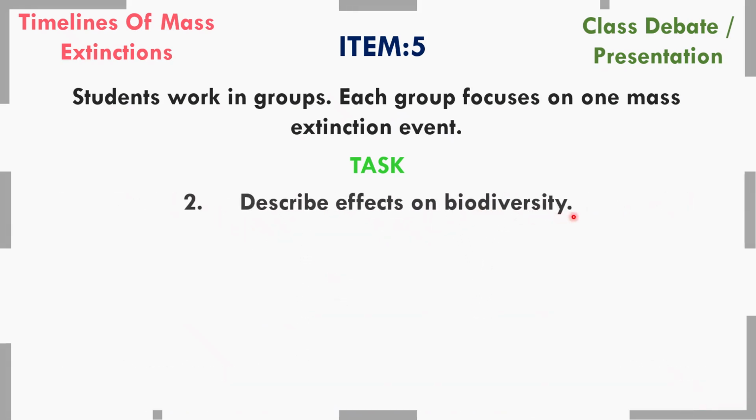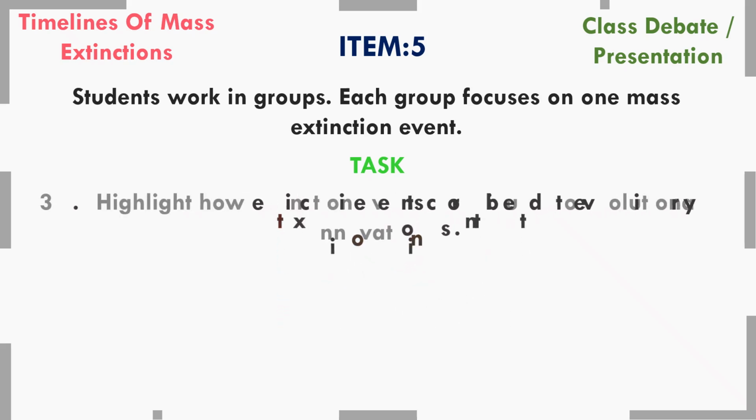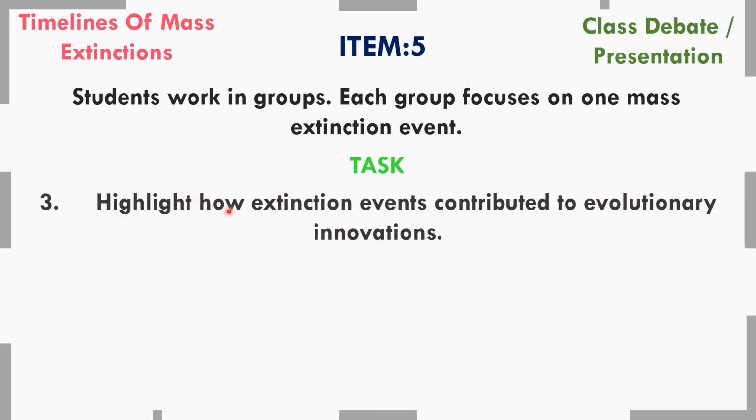Effects on biodiversity. Effects: approximately 96% species extinction. Highlight how extinction events contributed to evolutionary innovations.